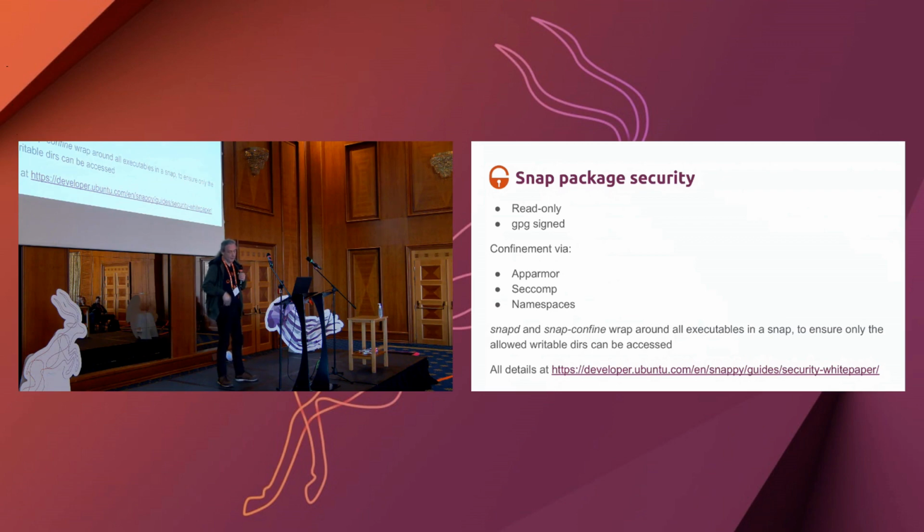So all these kernel features like AppArmor, seccomp, namespaces are utilized by that tool directly from the kernel, so you don't need extra layers or anything that would slow down or take resources of your system.